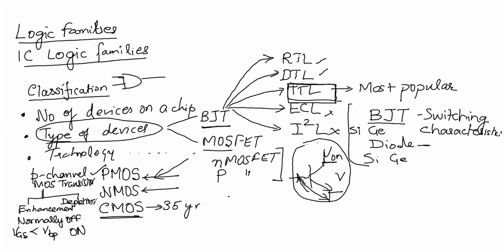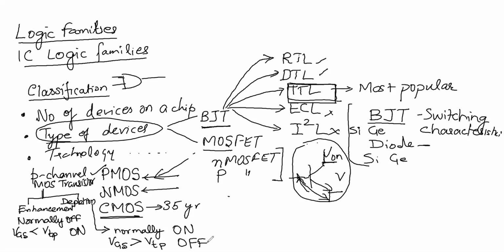Whereas a depletion device is normally on and it turns off only when you apply a VGS greater than VTP.